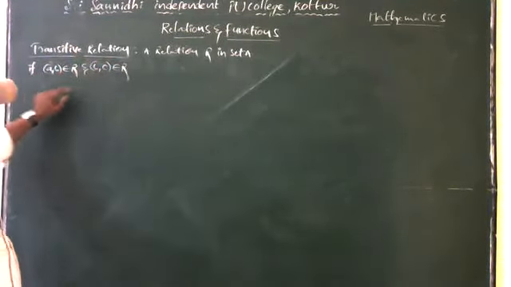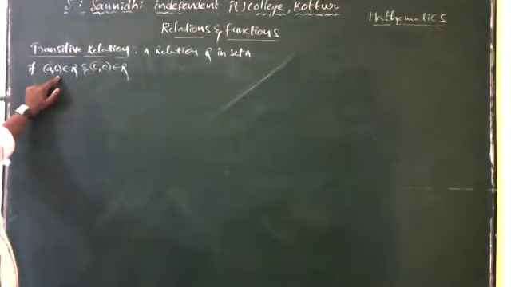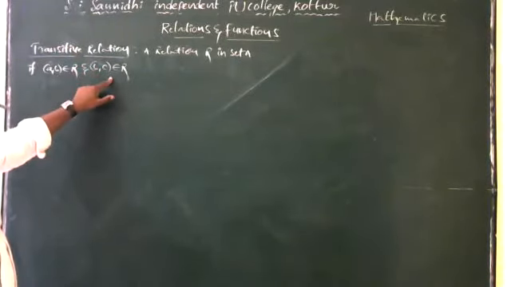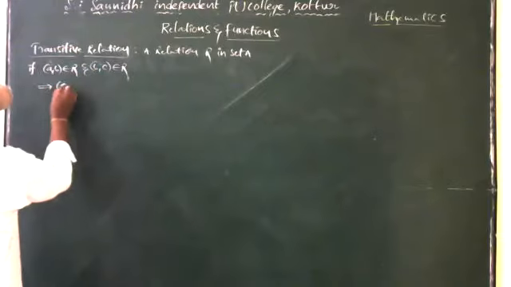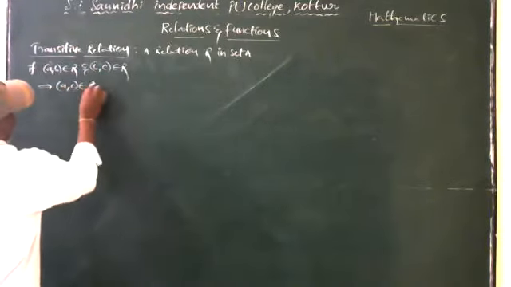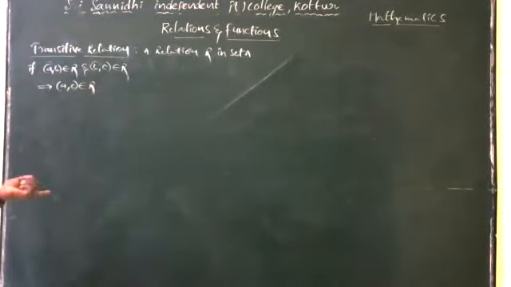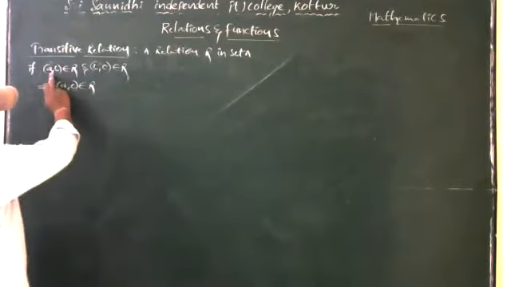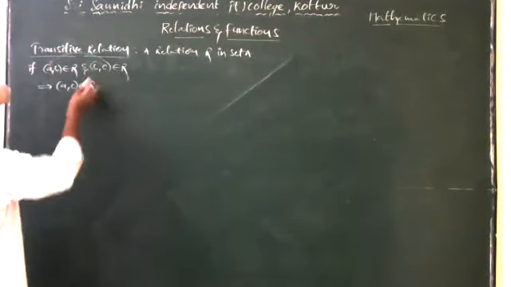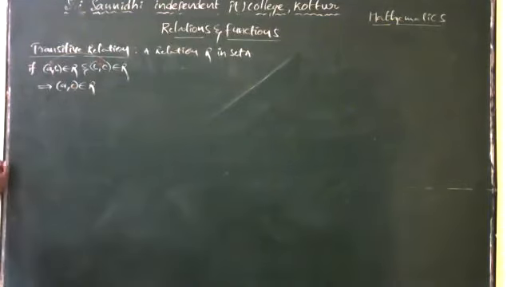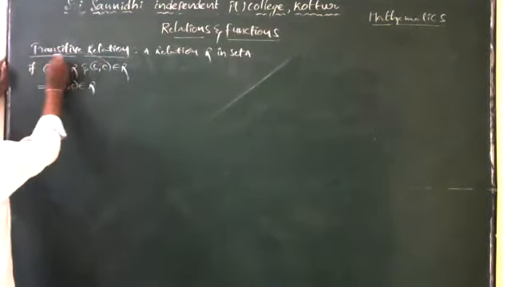So a comma b belongs to the relation and also b comma c belongs to the relation. What we want to check, which implies, is whether a comma c belongs to R or not. If a comma c belongs to R, then that is called the transitive.